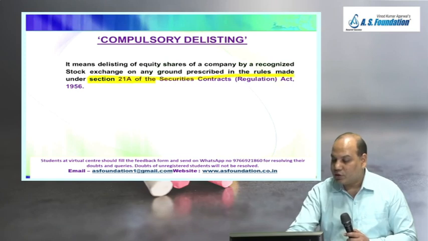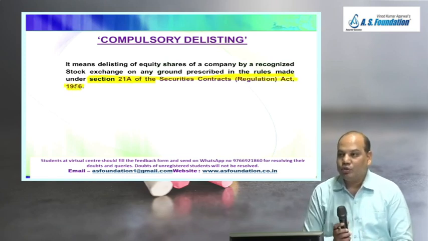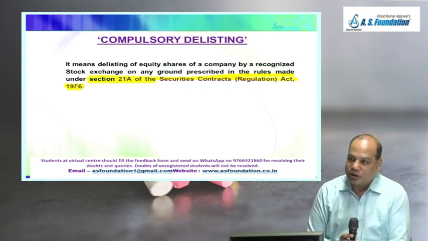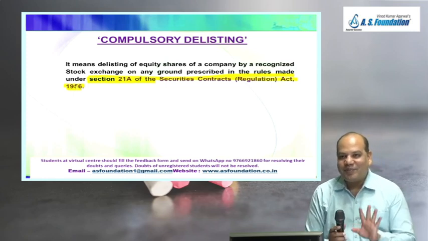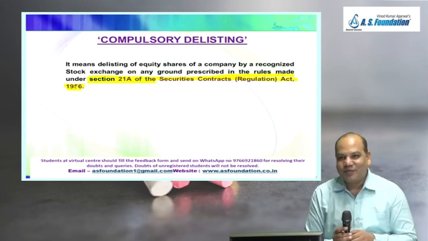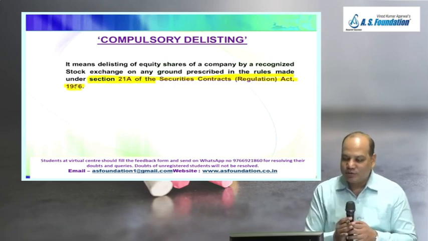Is it there in your law syllabus, SCRA, or you don't know? Securities Contracts Regulation Act is there in your corporate law syllabus. Many students in the class sitting here, they don't know whether this subject is there or not. Subject is there. Topic is there or not. That we don't know.